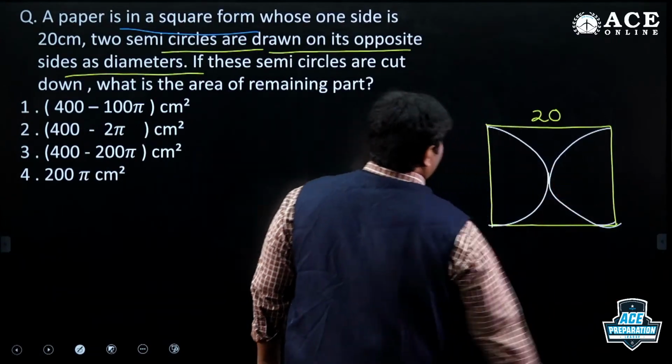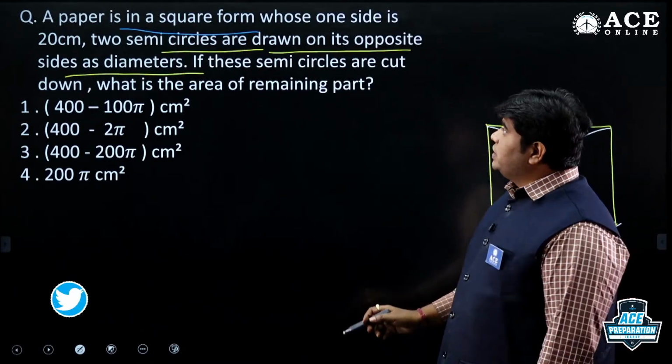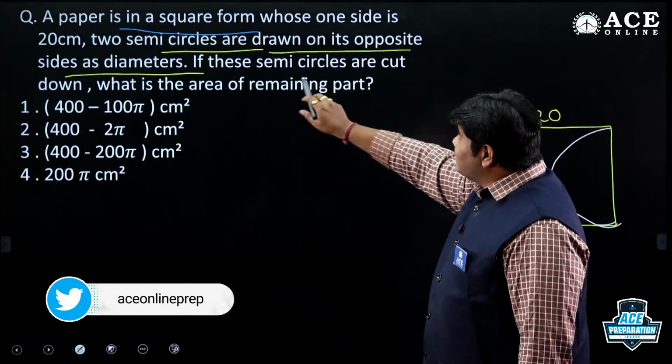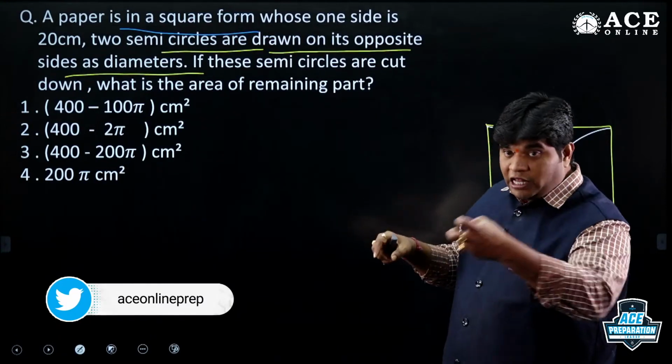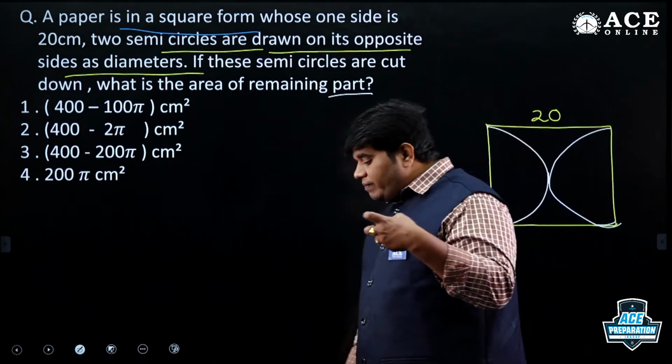Two semicircles done. Next point, observe. If these semicircles are cut down, removed, what is the area of the remaining part?